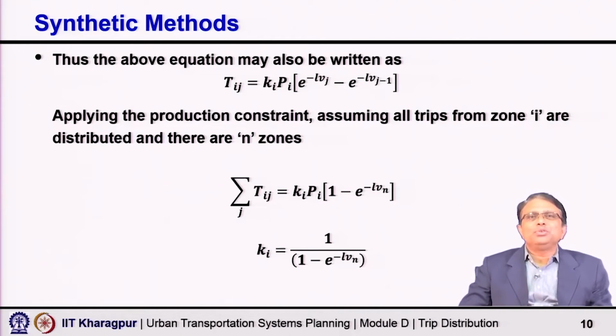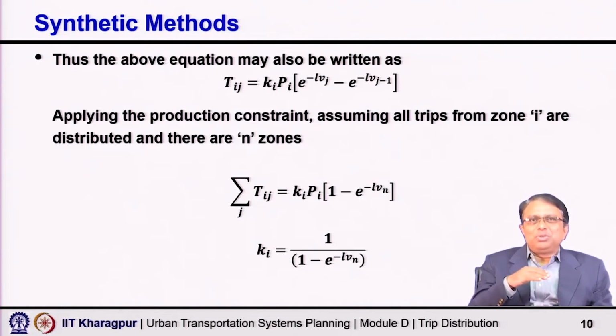So, then what you find? You get p I will cancel, and then you get k I equal to 1 by 1 minus e to the power minus L V n. Why are you getting 1? Because you say 1 to 2 and then 3, then 4, sequentially it is coming. So, the terms will cancel out and finally what will remain is 1 minus e to the power minus L V n. Because for all intermediate zones you can see here e to the power minus L V j minus e to the power minus L V j minus 1.